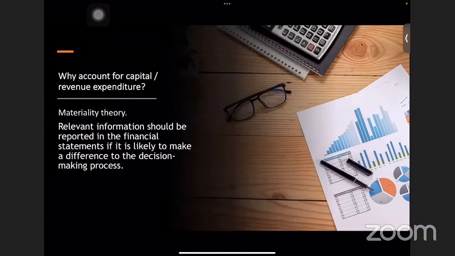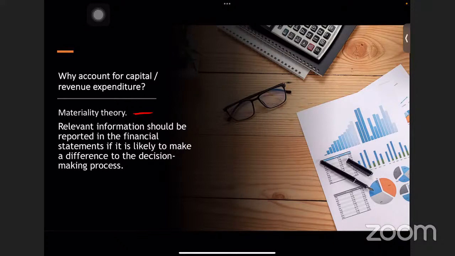Theories again: capital expenditure will always be the materiality theory. Confirm it is materiality theory. Every time you see capital revenue and they ask you for a theory, it will be this. This is basically what I was explaining earlier. Relevant information should be reported in the FS if it is likely to make a difference in the decision-making process.